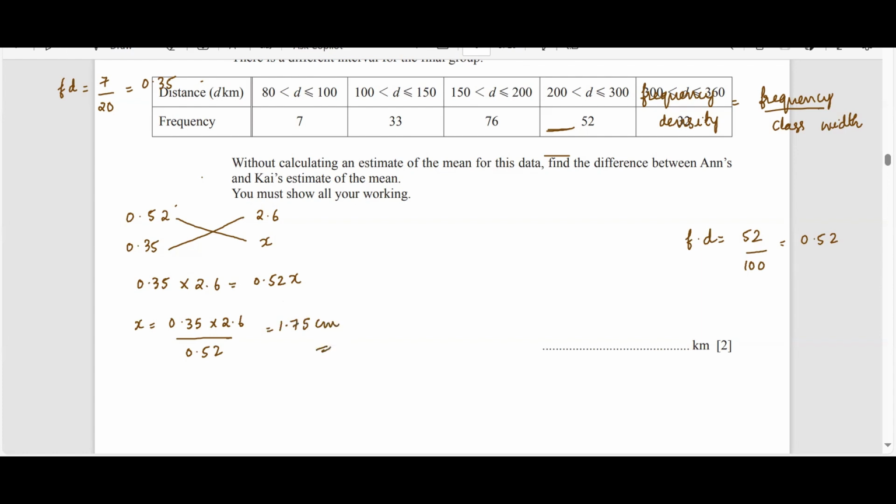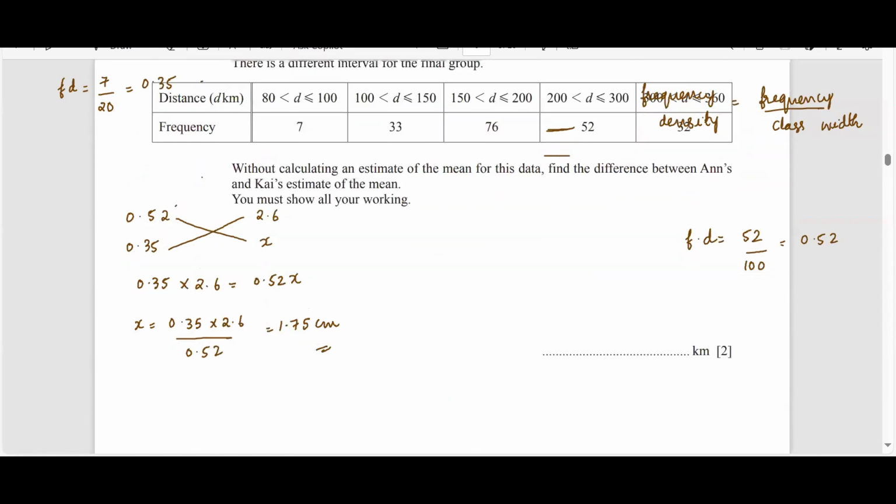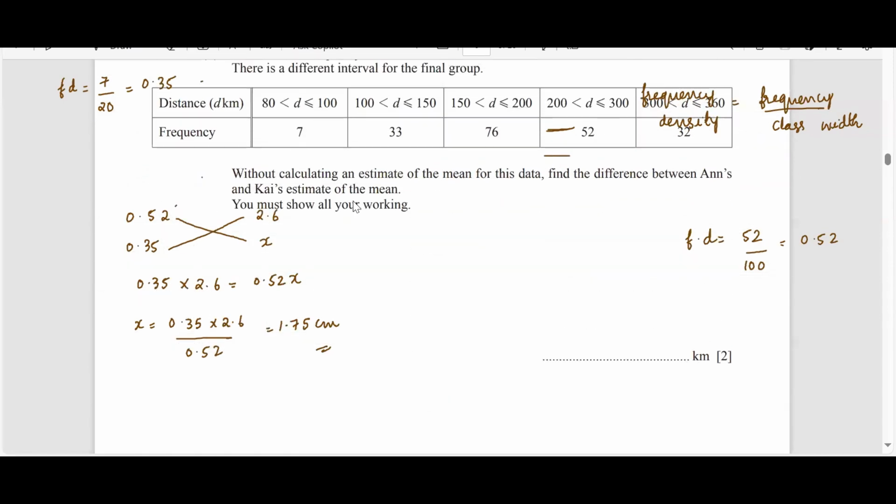Now, the next part here, between 150 to 200, the frequency is 76 and class width is 50. So let's find out the decimal conversion. 76 divided by 50 is 1.52. We know that 0.52 frequency density is represented in the histogram as 2.6 centimeter.